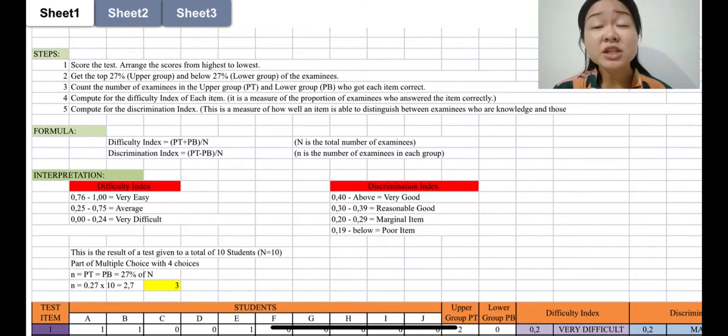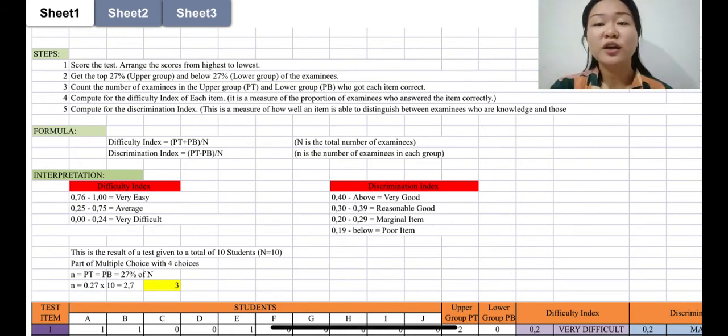For the discrimination index, 0.19 and below is poor item, 0.20 until 0.29 is marginal item, 0.30 until 0.39 is reasonably good, and 0.40 and above is very good.